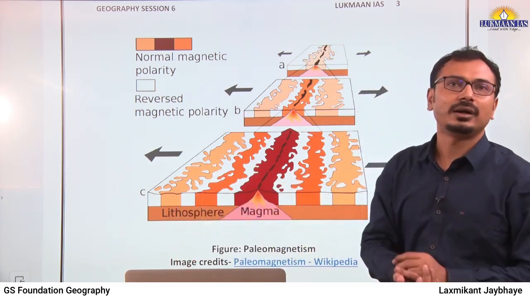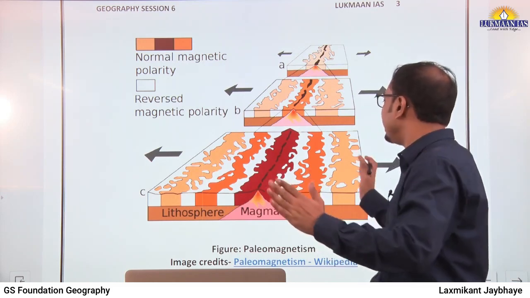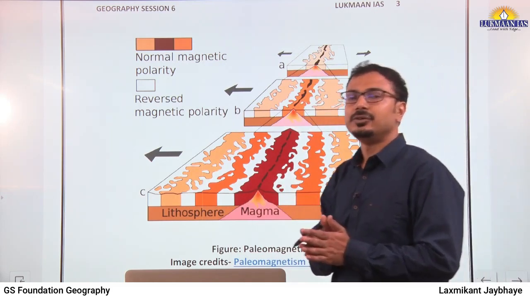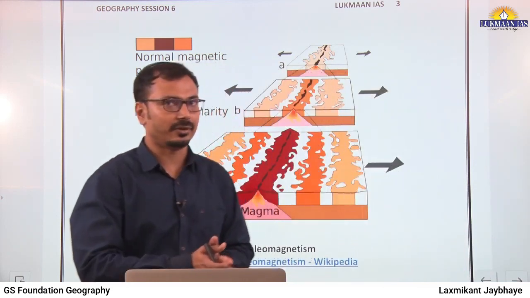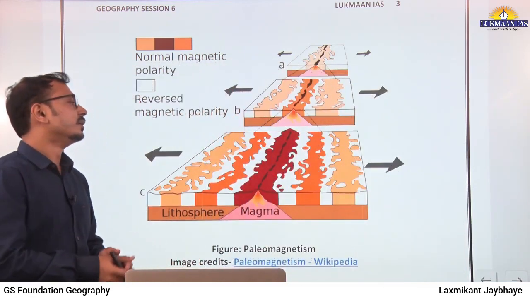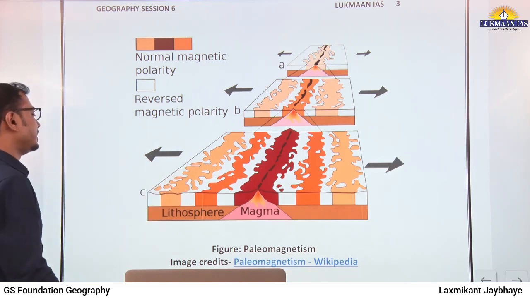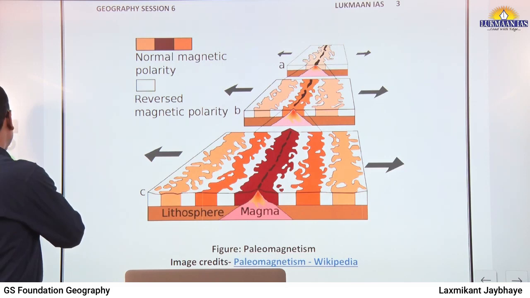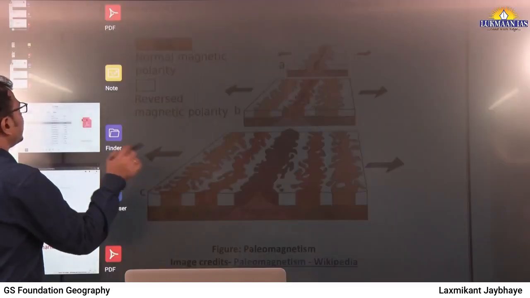From this we are able to understand that they are moving away from the mid-oceanic region in a uniform manner over the period of time. So this is how, through paleomagnetic studies of rocks, we are able to understand that the sea floor is spreading.